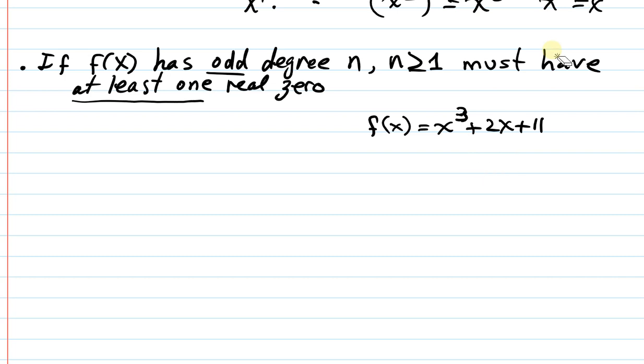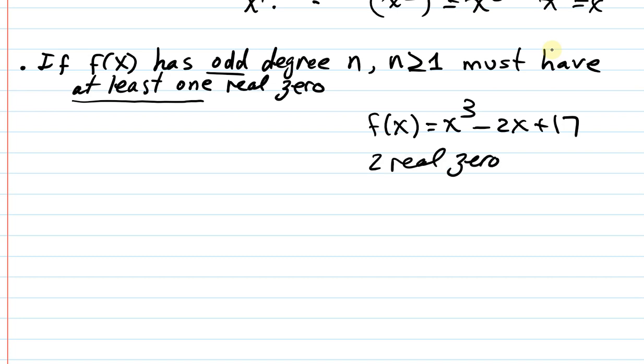It could have 1 or 3. And it couldn't be 1 or 2 real zeros, right? So for example, I couldn't have a polynomial, again, I'm making something off the cuff, minus 2x plus 8, 17. Suppose it has 2 real zeros. Well, what about the 3rd one? Can the third one be complex?